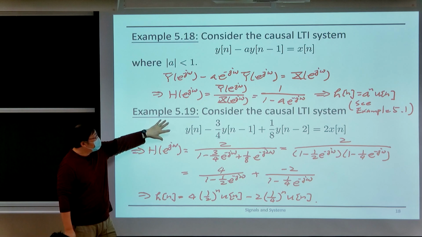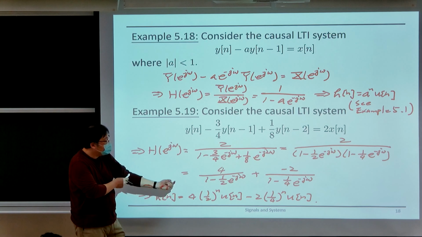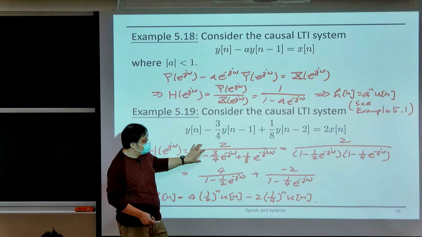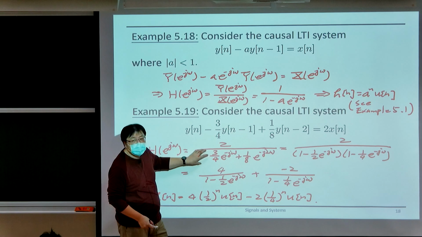So for this example, what do we learn? We know how to obtain the frequency response by taking the Fourier transform on both sides. That's straightforward. The key trick here is to factor the denominator into the product of these two terms, so that you can apply partial fraction expansion to write it as the summation of these two terms.